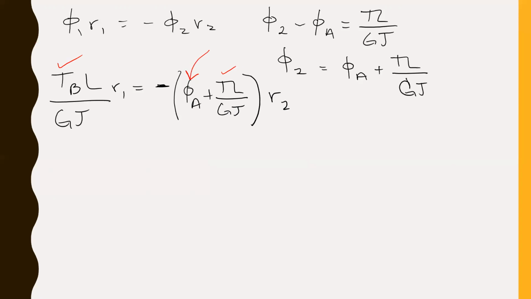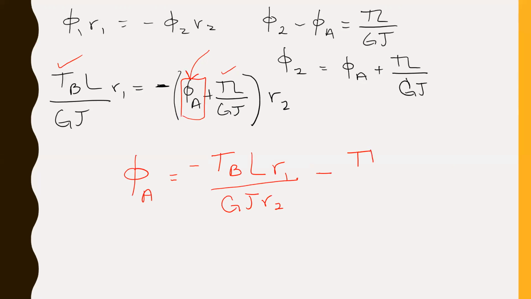The only thing we don't know is the rotation at A. So at this point, we can solve for that rotation at A. And if you do that, what you're going to get is that the rotation at A is equal to negative TB L R1 over GJ R2 minus TL over GJ.